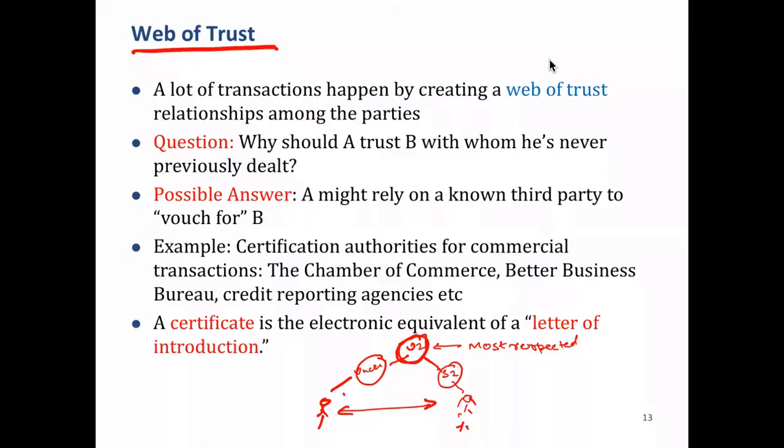Any other example you can think of? This thought came just to my mind a few minutes back. Okay, think of another thing, the way we use a letter of recommendation for applying to your MS program or MBA program. The university where you applied doesn't know you.